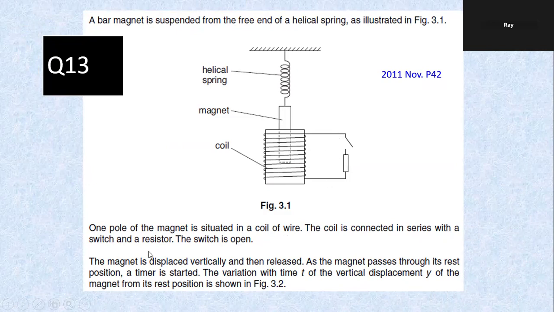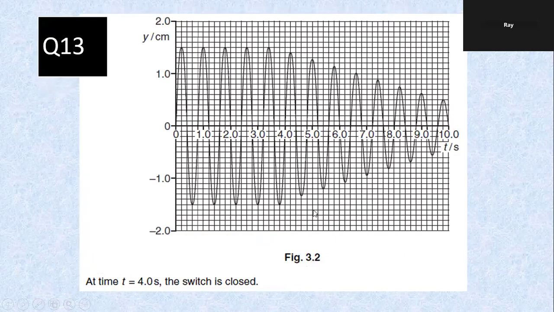The switch is open. The magnet is displaced vertically and then released. As the magnet passes through the rest position, the timer is started. The variation with time t of the displacement y of the magnet is shown in figure 3.2. At t equals 4.0 s, the switch is closed.